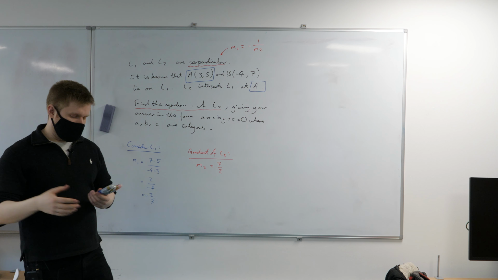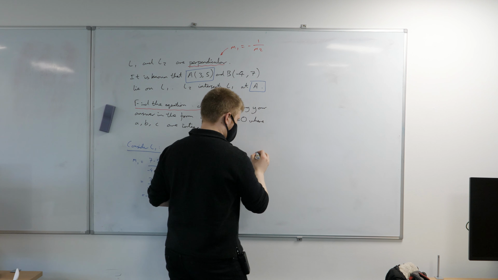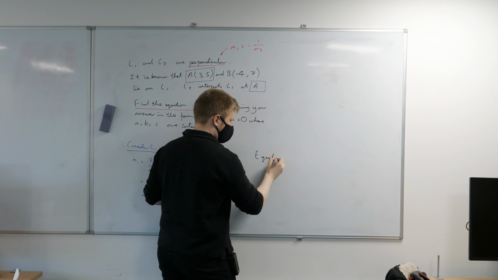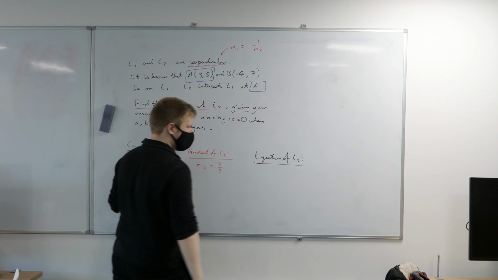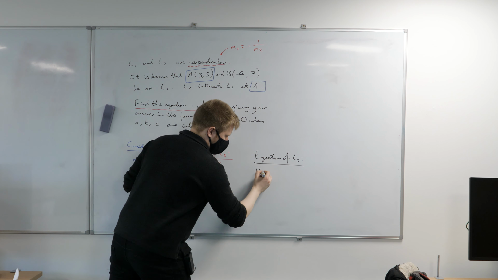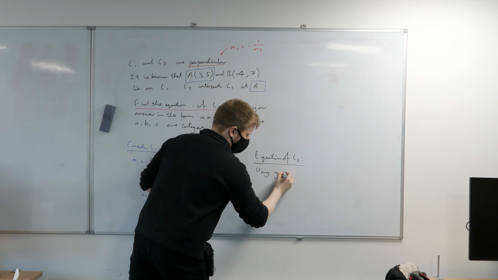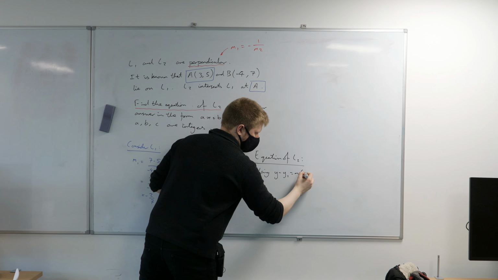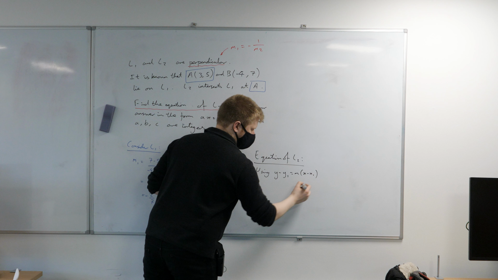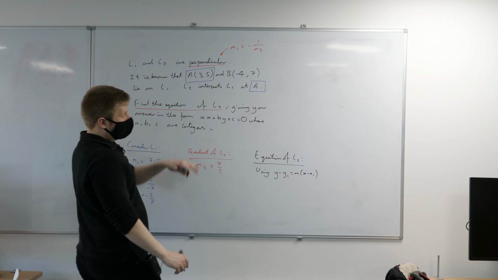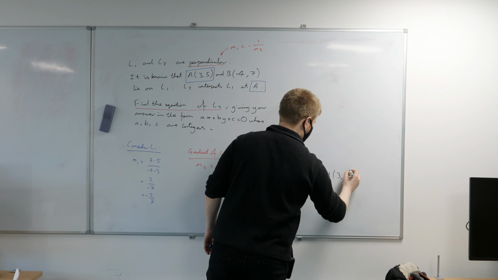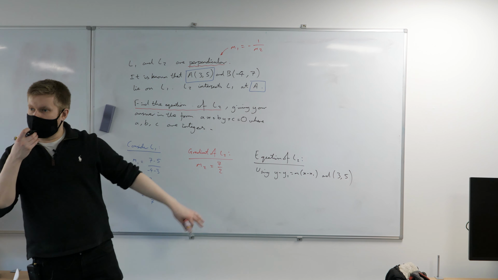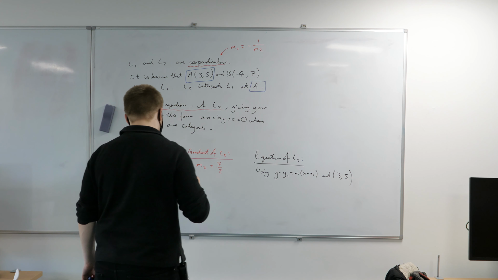We've got an x and y value, so we should be able to find the equation. So equation of line 2, okay? We're going to use y minus y1 equals m times x minus x1, and the point (3, 5), and we stick it in that formula. So do you want to stick it in and then see if we get the same thing?